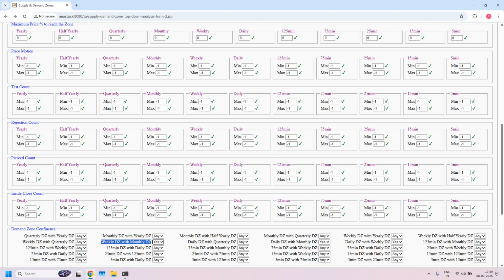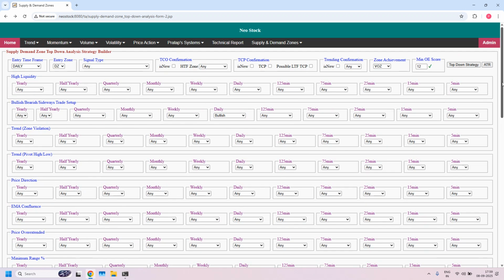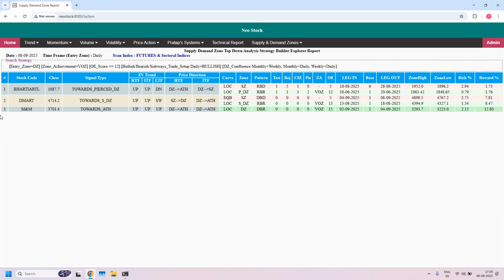With all the 3 filters, daily, weekly, monthly zone confluence, we got 3 stocks. In all the 3 stocks, these daily demand zones are overlapped with weekly demand zone. Both together again overlapped with monthly demand zone, and monthly trend is uptrend.